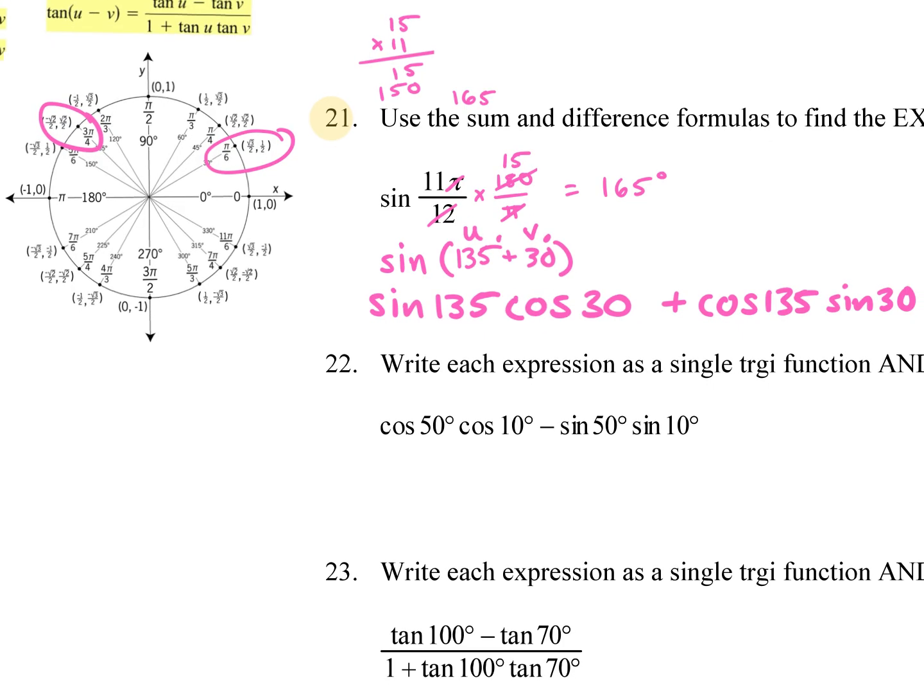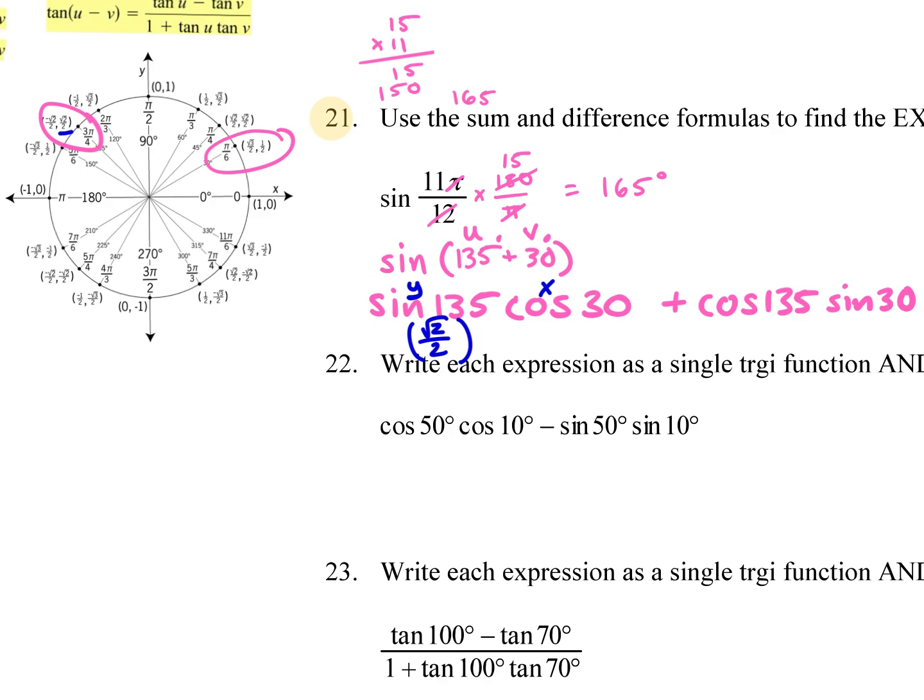Now we're going to use our unit circle to find each one of these. So sine tells us we look at what on the unit circle? The y. What's our y value at 135 degrees? Square root 2 over 2. Perfect. Cosine of 30. Cosine tells us we look at the x value.